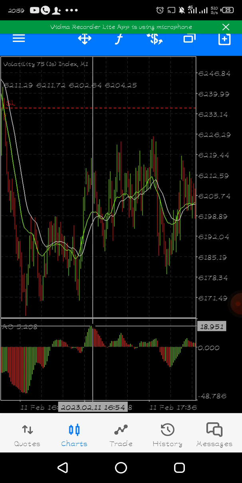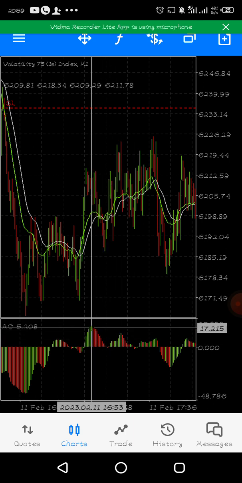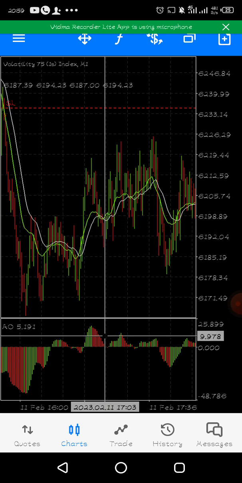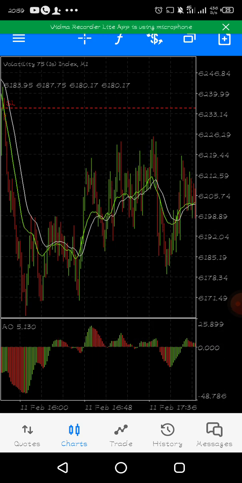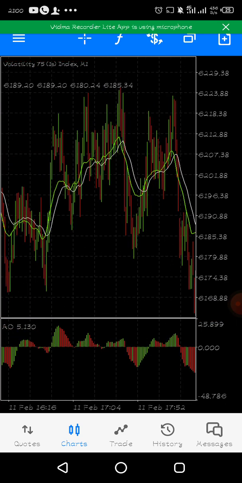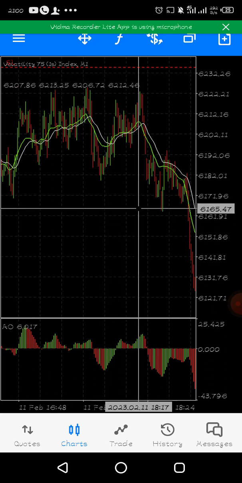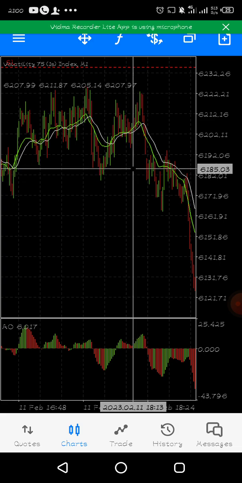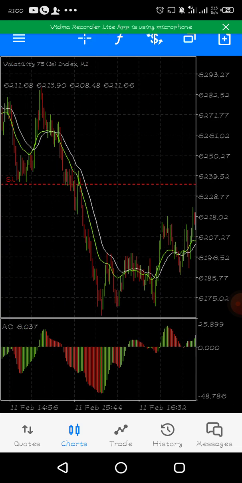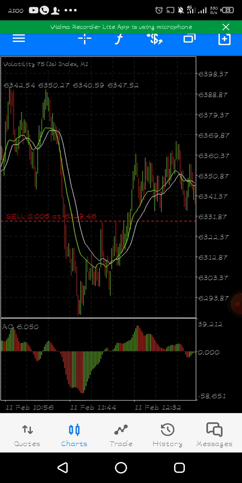As the market is making higher highs, the awesome oscillator is making a lower low, which tells me that the momentum may not stay for long. And as you can see, at equal levels here, the market also changes. So what I'm trying to say in essence is that this strategy is very useful.